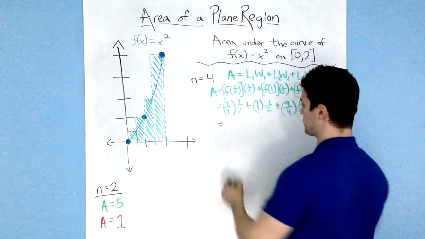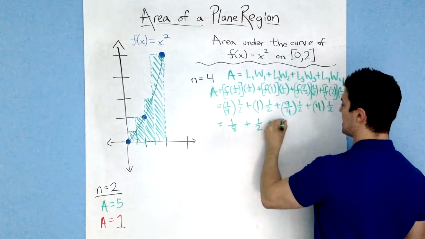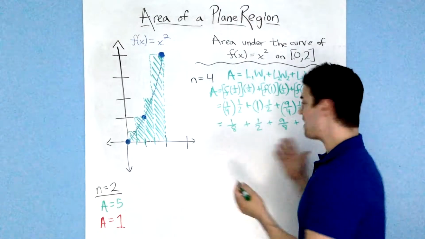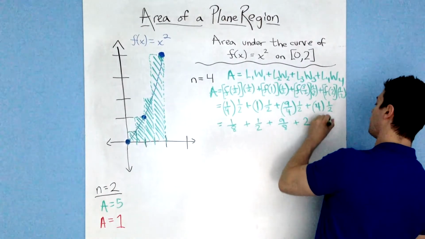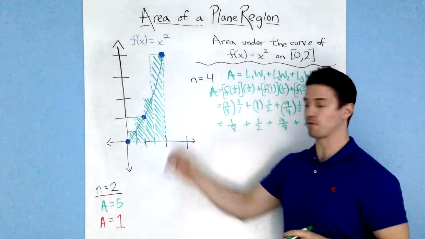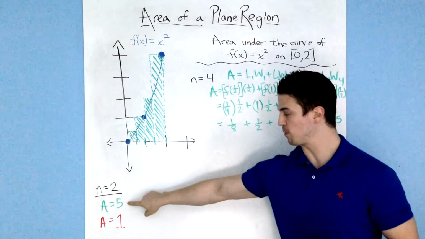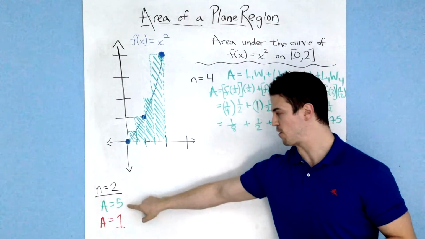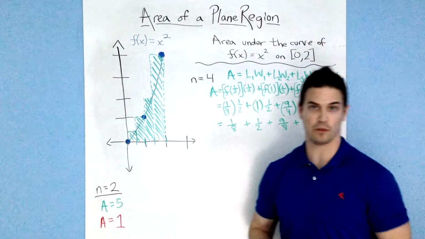Okay, just to simplify this really quick, if you add all these up, you should get 3.75. Okay, so that is with the upper bound rectangles of 4. If you notice before, when we had 2 rectangles, we had 5, now we have 3.75.